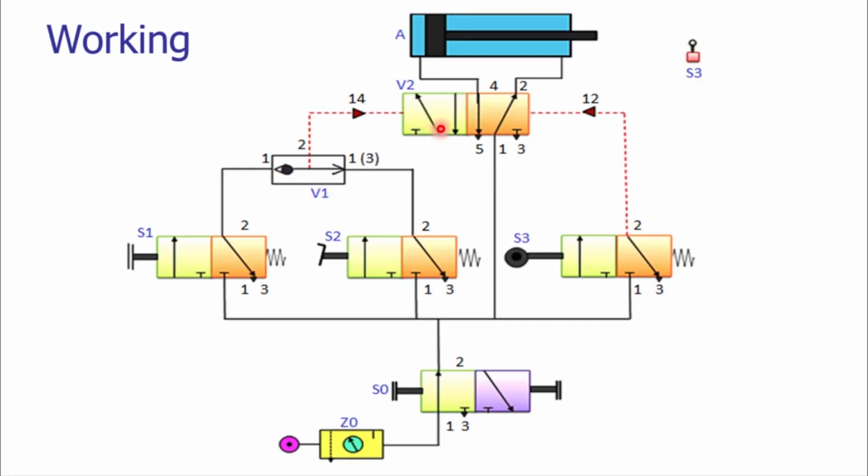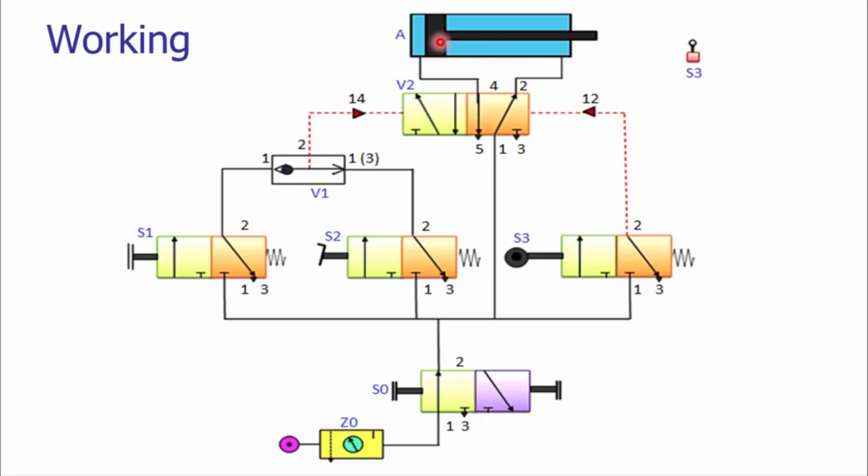Now as the left side or the green position is actuated, you can notice here that the input port or the pressure port will be connected to port 4. As it is connected to port 4, there is extension of the double acting cylinder.